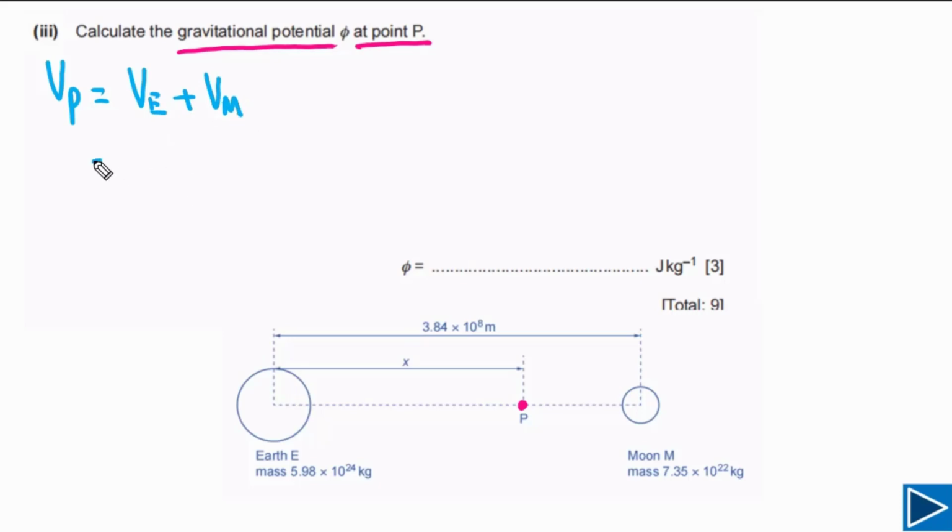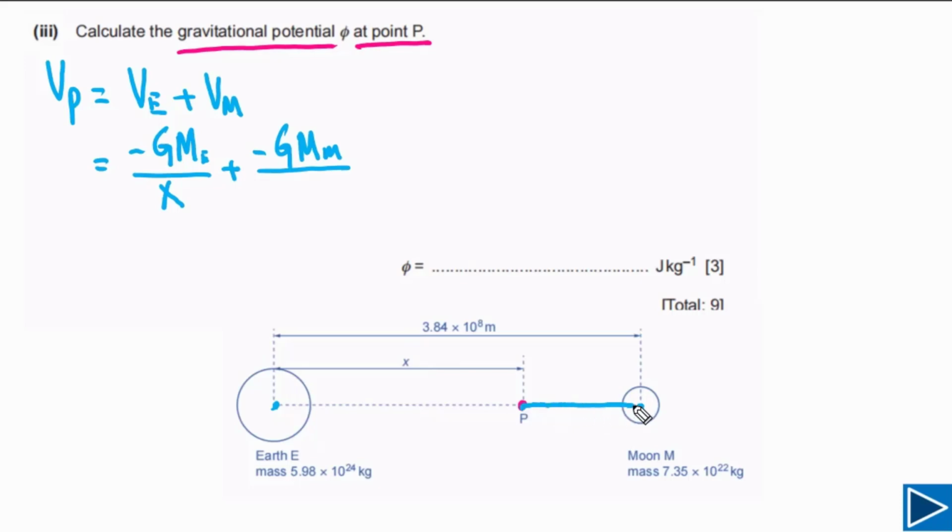And now the next thing we need to understand is how we can find the potential due to our planet at this point. That will be equal to negative G times the mass of our planet divided by the distance from the center of our planet to that point, and that one is equal to x, plus the potential due to the moon at that point, that will be equal to negative G times the mass of the moon divided by the distance from the center of the moon to that point.